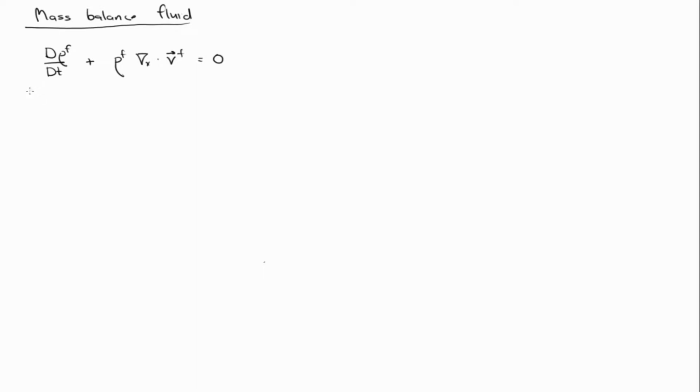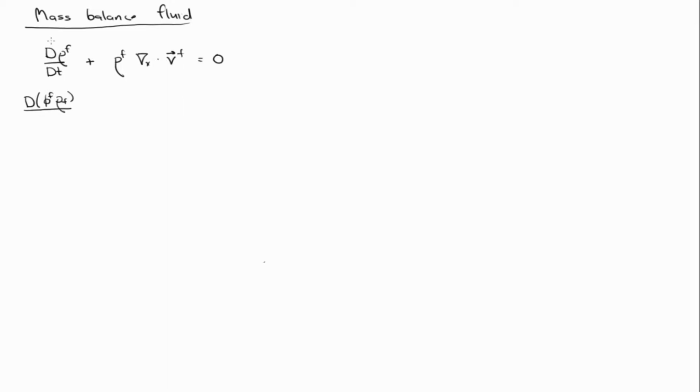But we also introduced the concept of volume fraction, right? And so we said that we can write the intrinsic density as the volume fraction of the fluid times the fluid density. This is the regular fluid density that you would measure, right?